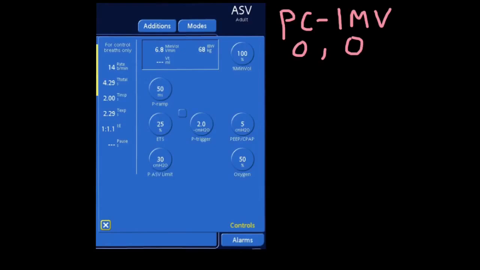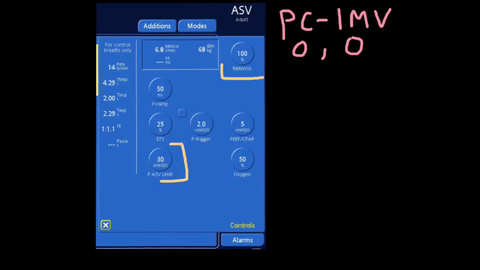Let's look at what the operator has to set for both the mandatory and the spontaneous breaths. The 100% minute ventilation is for both mandatory and spontaneous breaths. The pressure, or the PASV limits for my pressure limit, is for both.